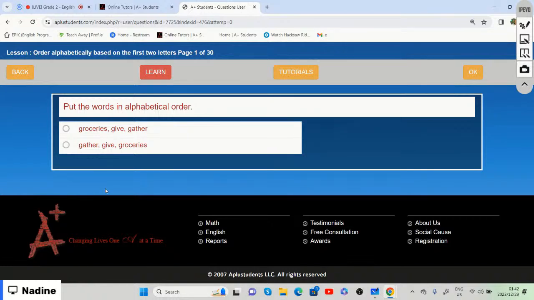So if it starts with a G, then we need to look at the second letter of that word. So we have groceries, give, gather, or is it gather, give, and then groceries?